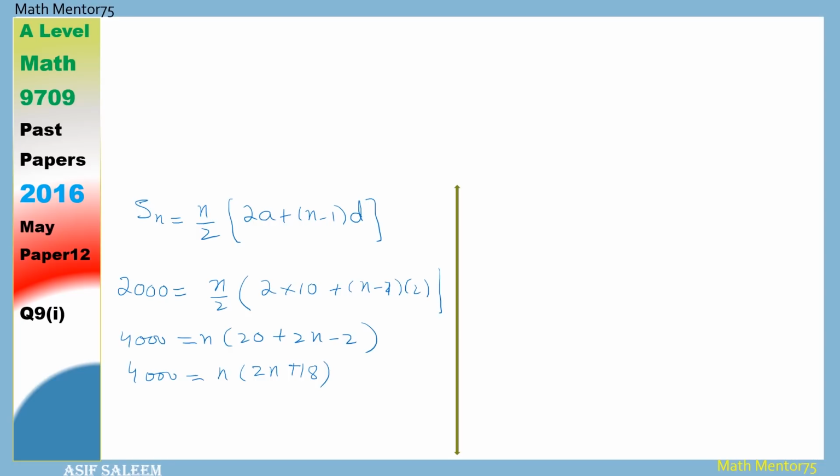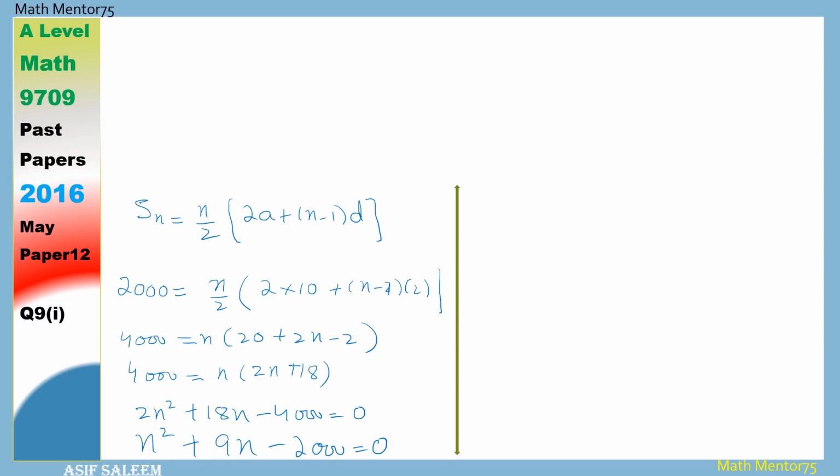Now multiply this, we have 2n square plus 18n minus 4000 equals 0. We can divide the whole equation by 2 for simplification purposes. n square plus 9n minus 2000 equals 0.